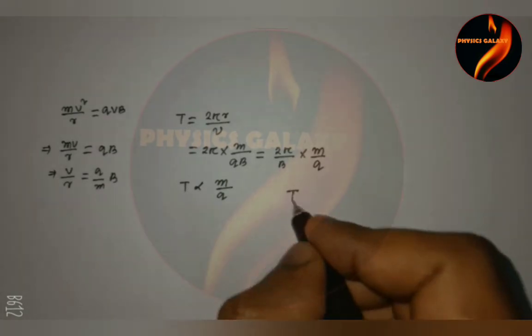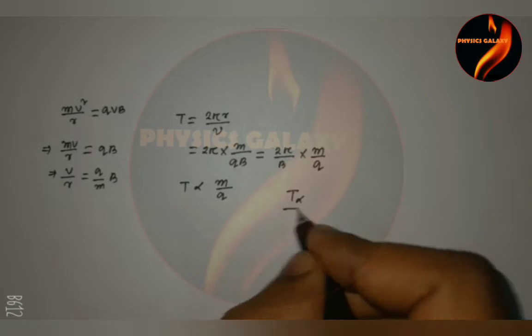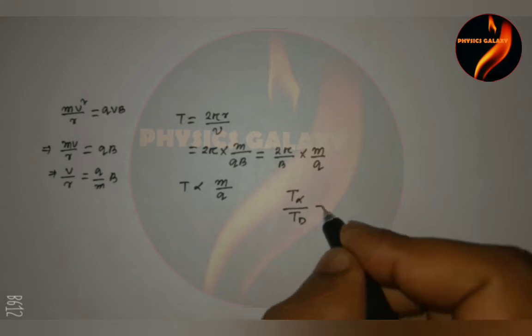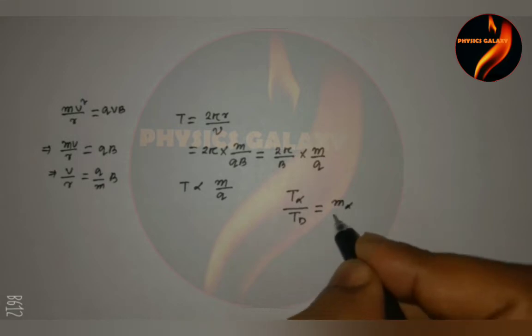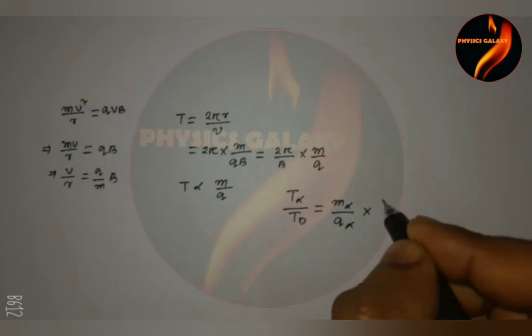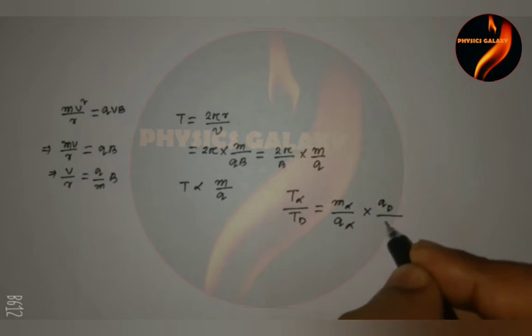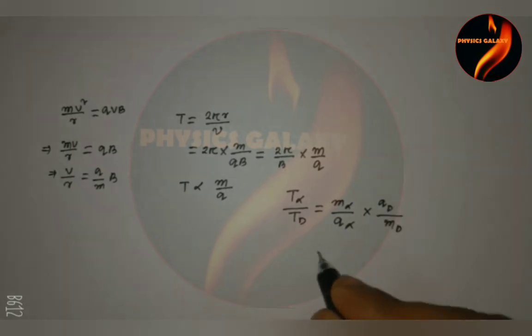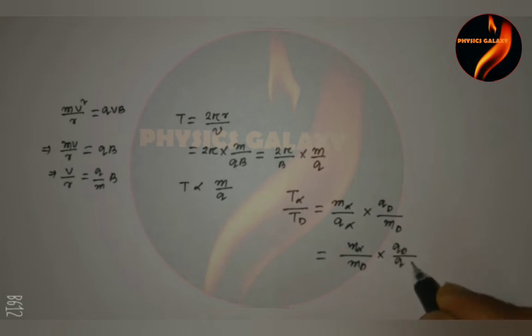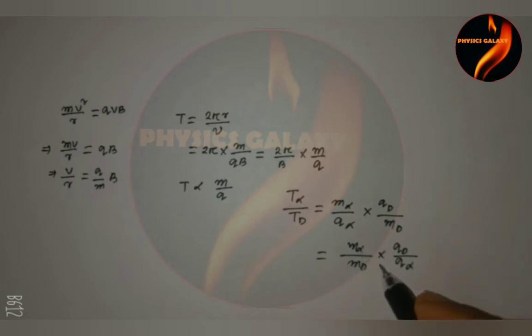So the ratio of the time periods T alpha and T deuteron equals m alpha divided by q alpha, multiplied by q deuteron divided by m deuteron. So that is m alpha by m deuteron multiplied by q deuteron by q alpha. The mass of the alpha particle is 4m and the deuteron particle is 2m.